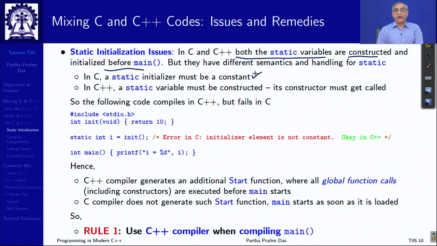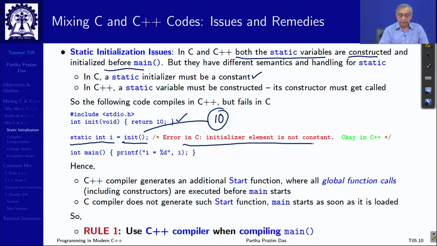In C, the static initializer necessarily is a constant. That is, if I want to initialize, I cannot call a function. I mean, this is just to show you, just a trivial function which returns a value 10. If I write it as 10, a constant, then it is okay in the C compiler.